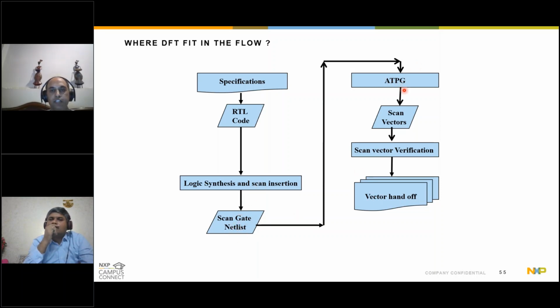Then ATPG, an automatic test pattern generation tool, will evaluate the Booleans of the combo logic and determine what set of inputs you should provide to the primary input to exercise all the faults. At the end of the day, this ATPG tool will give you a certain set of vectors. These vectors go for verification, and the same vectors go to the test engineering team. When your silicon comes back, they will run the same scan vectors, and if any vector fails, that's how they are able to figure out any manufacturing defect which has crept into your design.